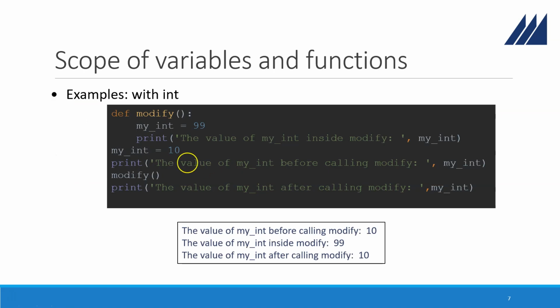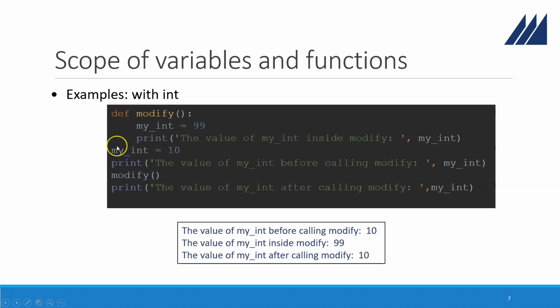Here's an example. Okay, let's take a look at this example. This function is modify. Inside my modify, I have my int equal to 99, and then I have a print statement: the value of my int inside modify, which is the function, is my int.